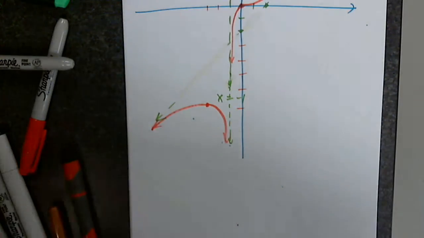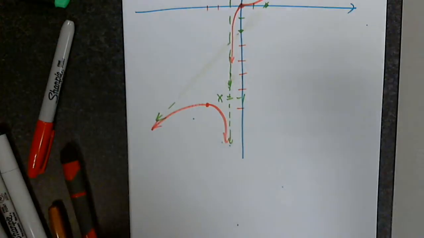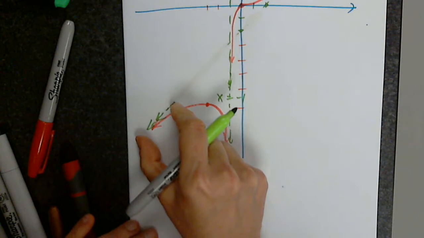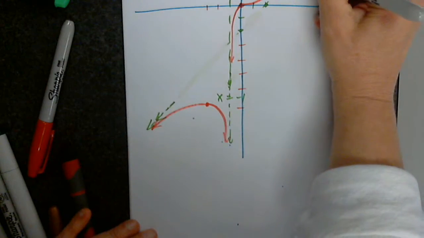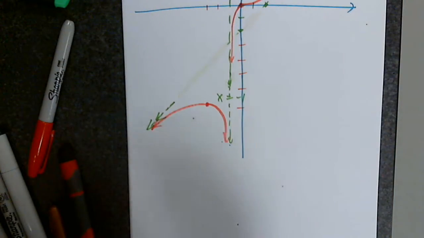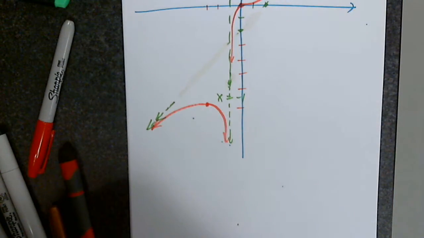All that I care about the slant asymptote is this piece, the piece at infinity, in this case -infinity, and this piece at infinity. Between this point and this point, the slant asymptote shouldn't even be there. It doesn't exist. It has no meaning.